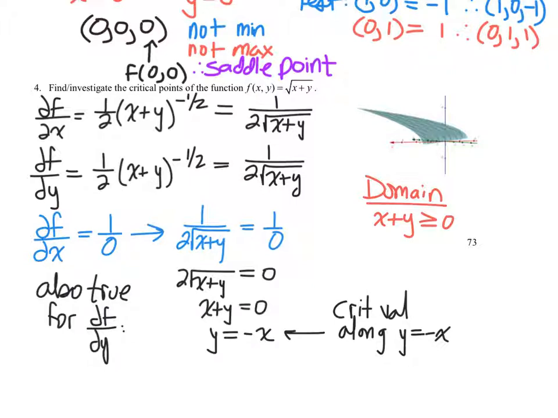It can be in the original. In the original, yeah. So y has to be greater than or equal to negative x in order for the function to exist to begin with.